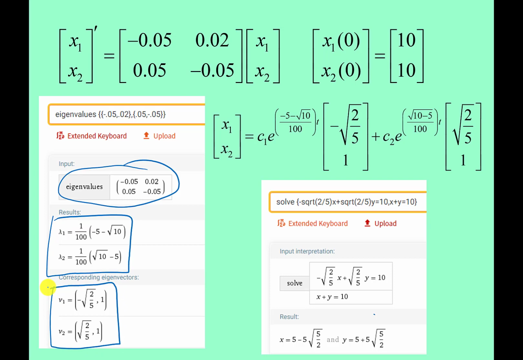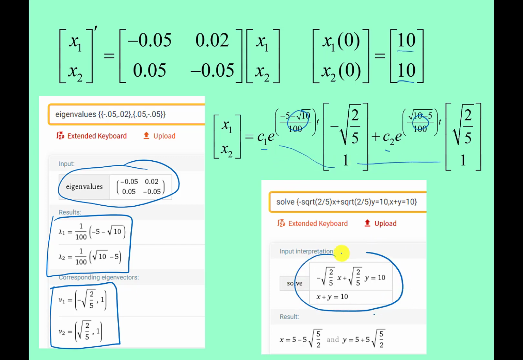So you could build the solutions with these, and I did that here. As ugly as that looks, that would be the solution. And then I could find the C1, C2 by putting 0 in here, but that still got me some ugly stuff equaling 10 and some other stuff equaling 10. Actually, the second one's not ugly. It's pretty easy.